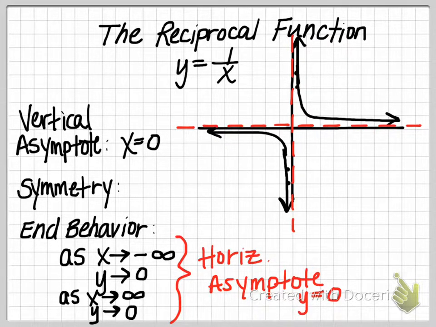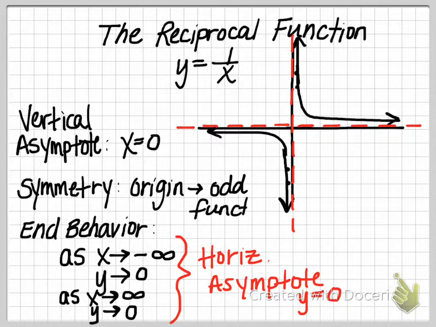So that type of rotational symmetry, remember, means that our function is an odd function, so it has origin symmetry. So we can say we have origin symmetry, which implies that my function is an odd function. Odd functions have origin symmetry.